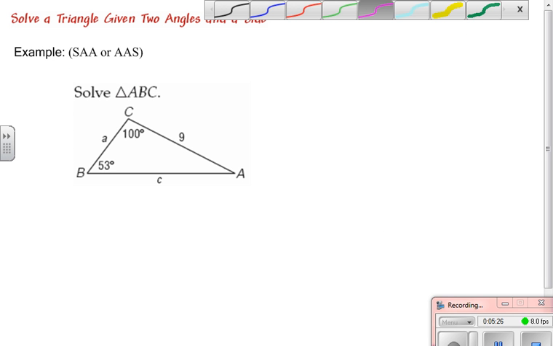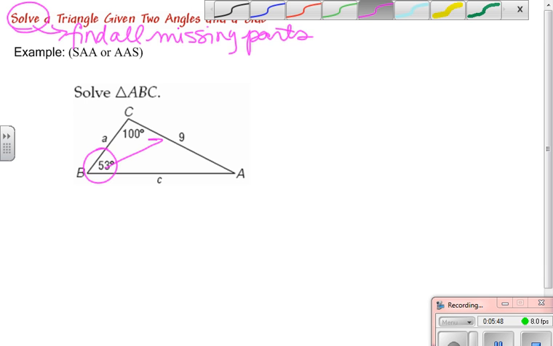So, let's look at this situation. I have angle, side, angle. Remember when we solve, it's find all missing parts. So in this case, I have 3 parts I need to find. Sine of B and its side opposite 9 are the place where I'm going to start because that is what I'm given.